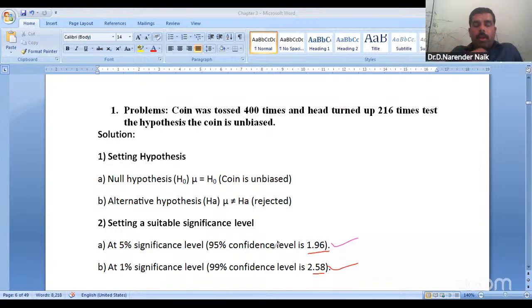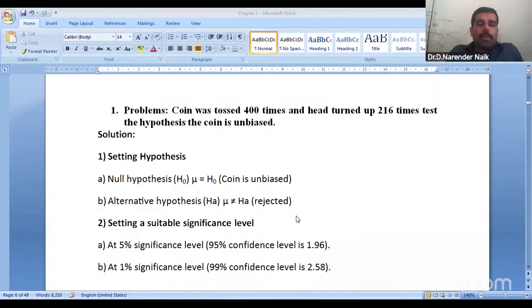In the given question, neither 1% nor 5% is given, so we have to assume 5% only. At the 5% significance level, the 95% confidence level value is 1.96. At the 1% significance level, that is 99% confidence level, it is 2.58.